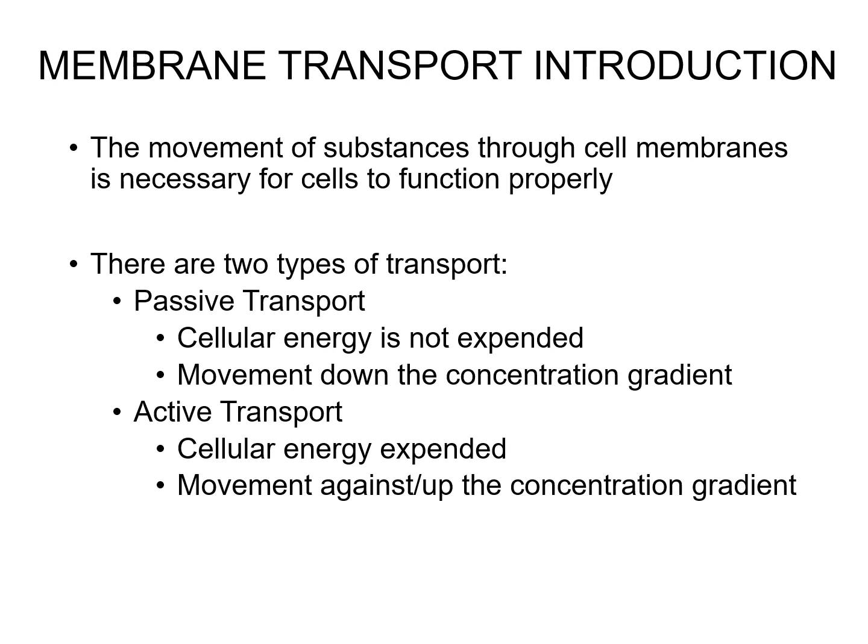So there are two ways of accomplishing this, and we call this transport, right? Just like if you're transporting to school or to work, you're going from point A to point B. There are two types of transport. Number one is called passive transport, and the second one is called active transport.